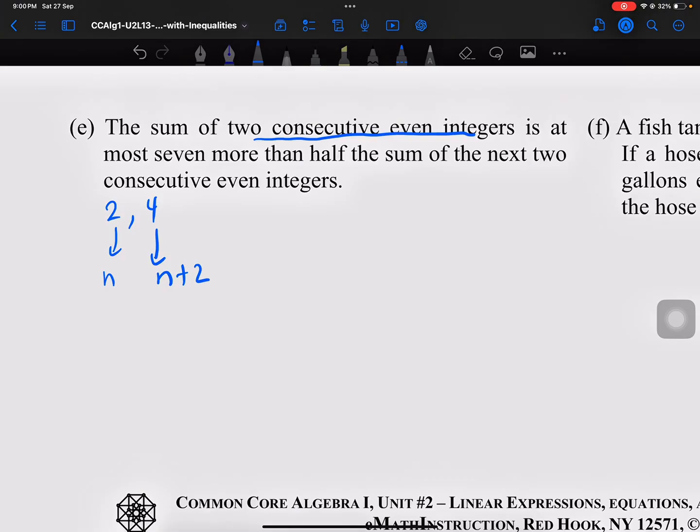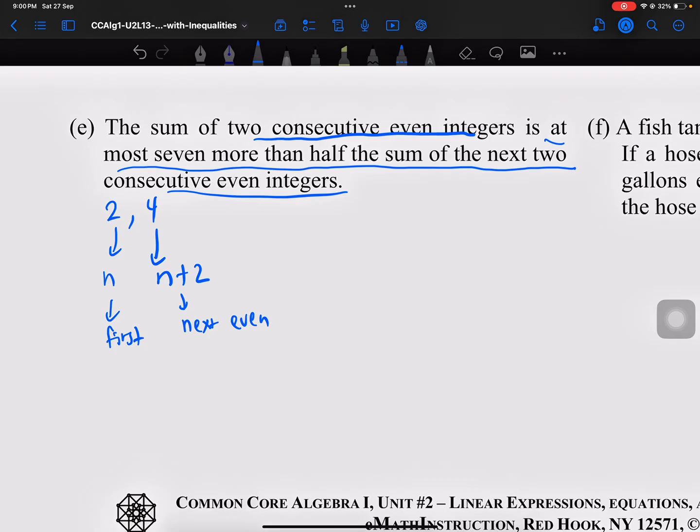Okay, so is at most 7 more than half the sum of the next two consecutive even integers. So this will be first. This will be next even.